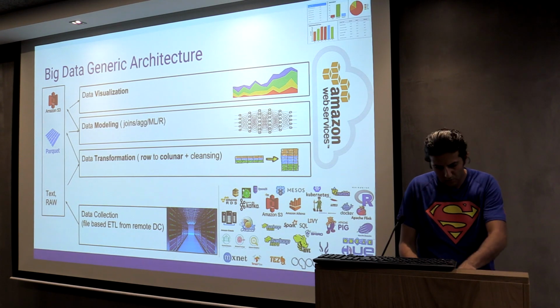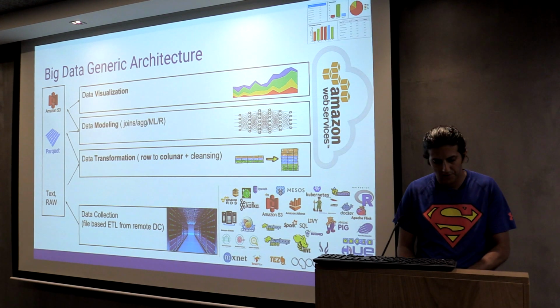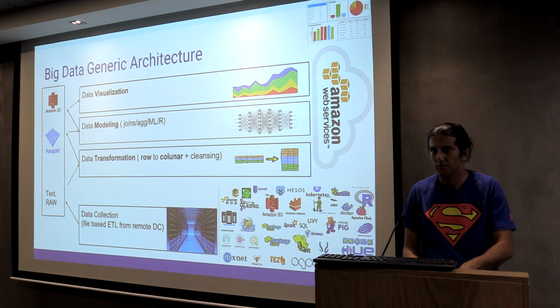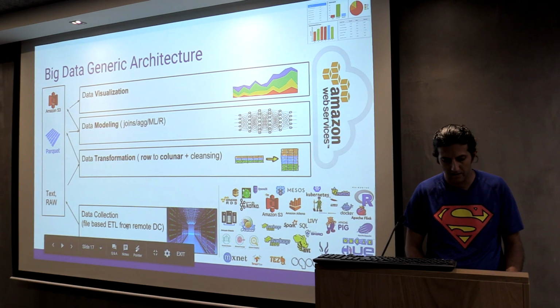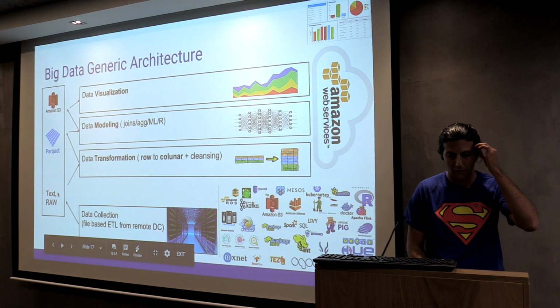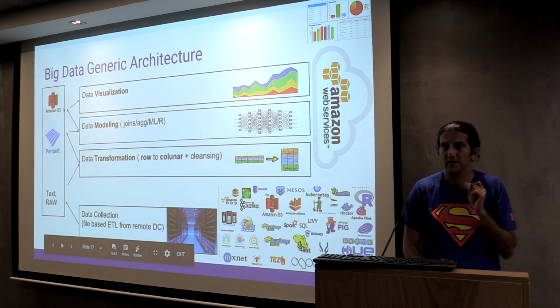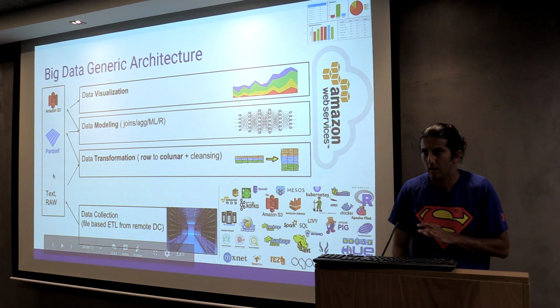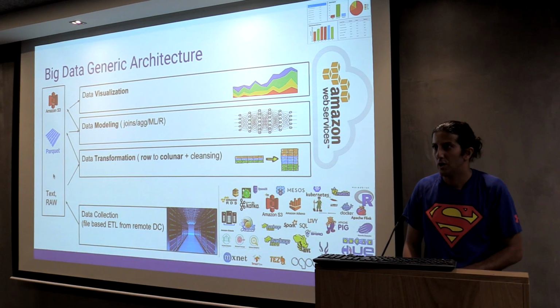The rest of what we are going to do in this lecture is drill down on each layer. So bear with me, we'll start from this layer and go up. Be sure to understand that each input and output of the layers goes through S3, which is the storage solution of AWS.